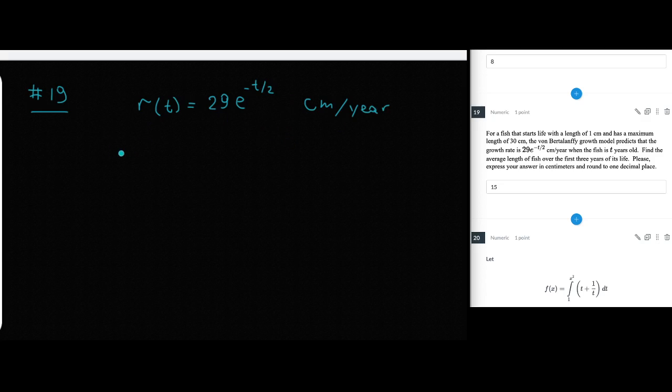The starting length of fish, let me denote by L, the length of fish at the moment of time t. So L of t is the length of fish t years after birth.